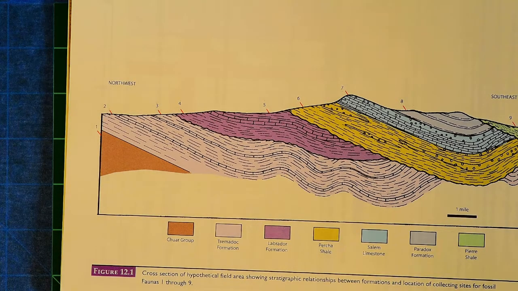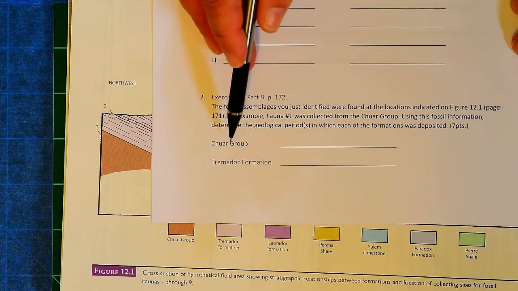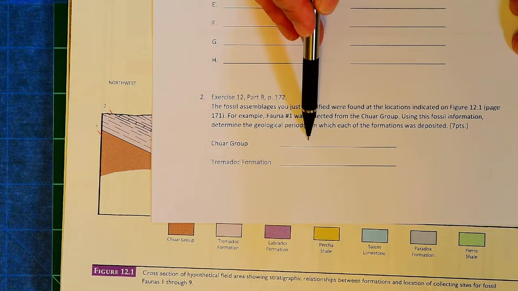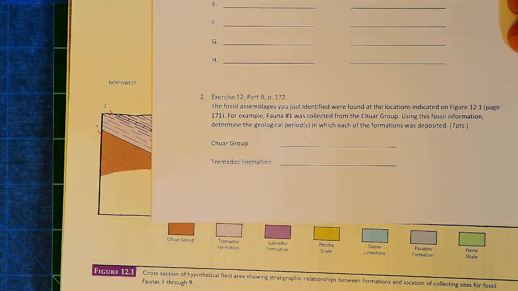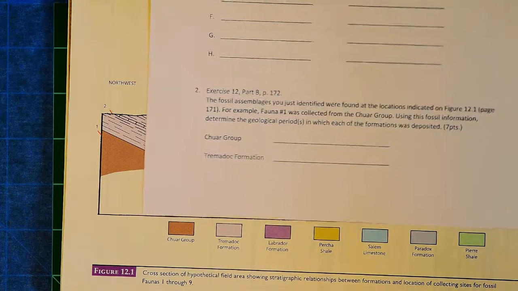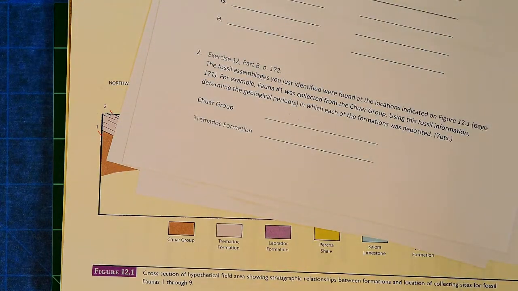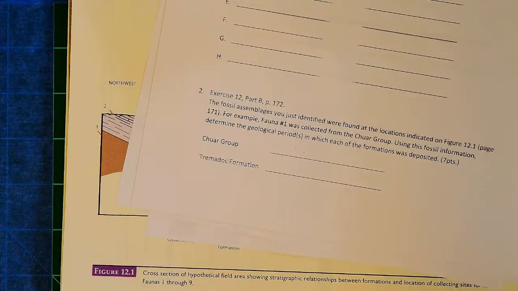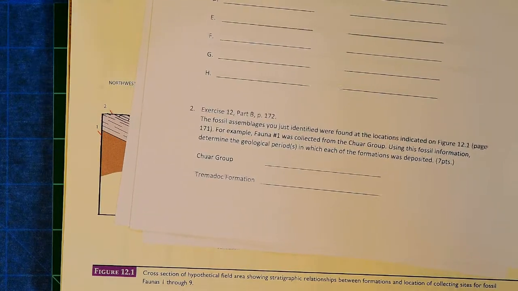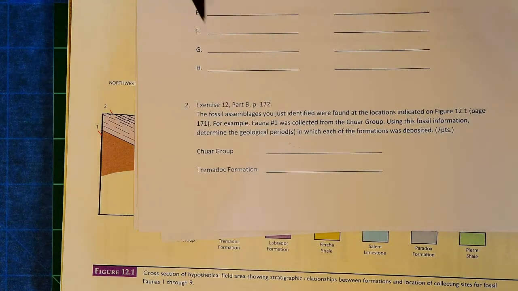And you're then going to use the ages of those fossils that you found to figure out the age of the Chuar group. For example, we figured out that fauna 1, and I did those, and somewhere I wrote down that those were from the Proterozoic, right? All of the fossils coexisted in the Proterozoic.